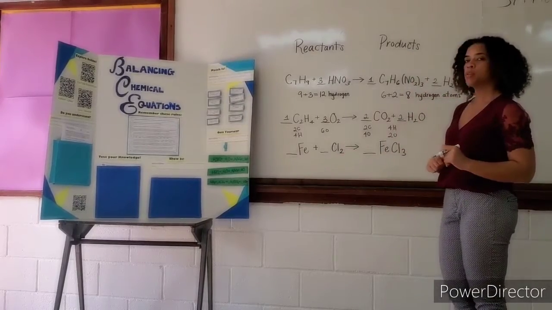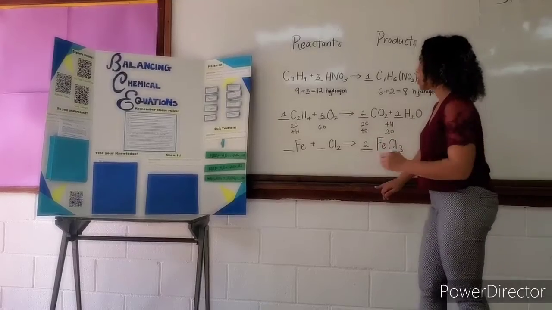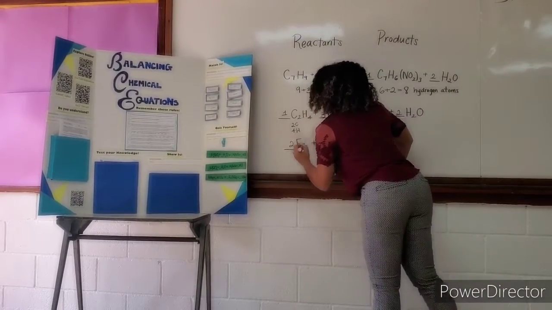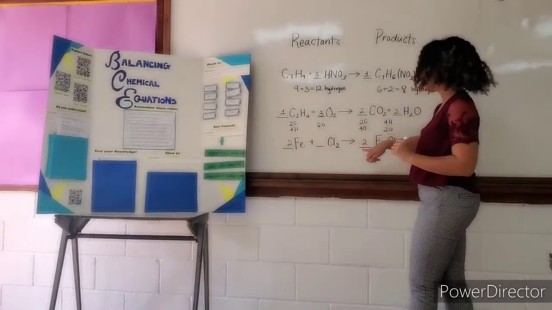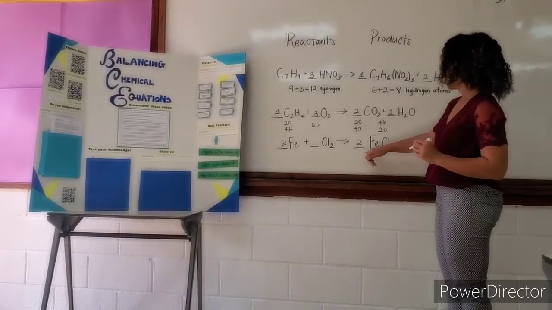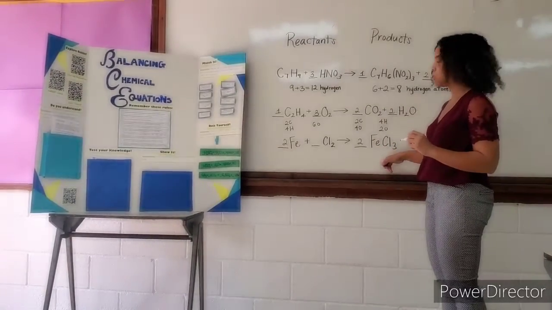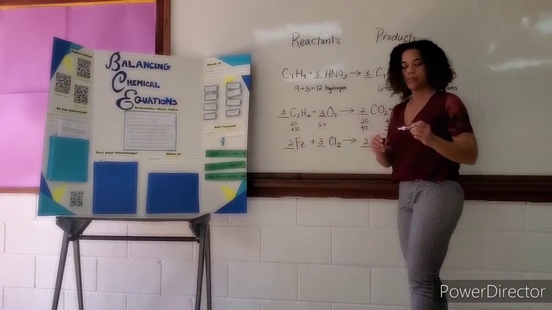Let's say we put 2 there. So if we put 2 on our product side, we can put 2 so that our irons match up. We have 2 iron atoms, 2 iron atoms. For the chlorine, we have a total of 6 chlorine atoms. So we can put a 3 here and that will balance our chemical equation.